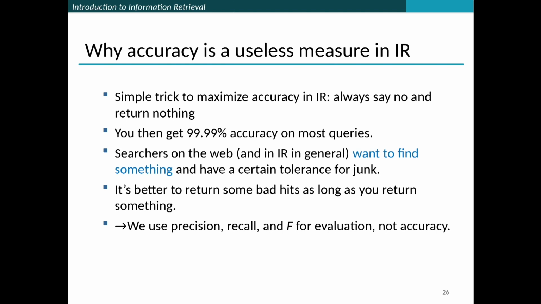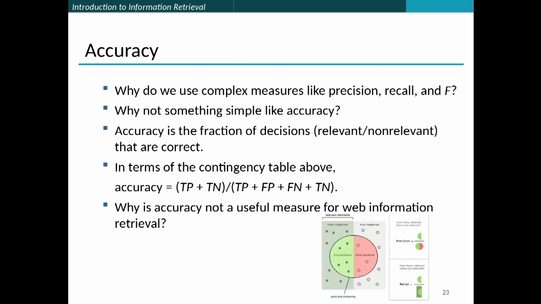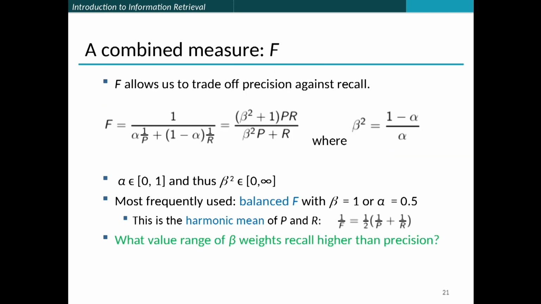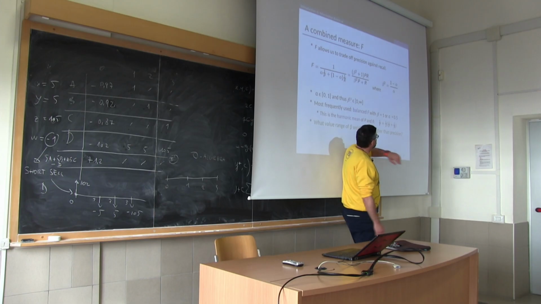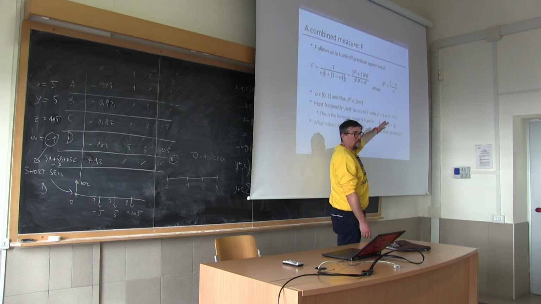So now, again, why the harmonic mean? Why don't we use an arithmetic mean, for example, for precision and recall? Remember that according to the definition, we are averaging with the harmonic mean, 1 over p, 1 over r.